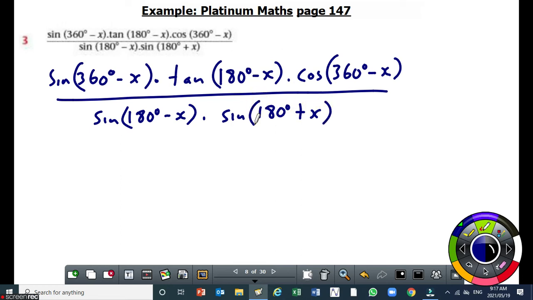So we are going to use the reduction formula that we have, on your right here and on your left. Let's start with the first one.